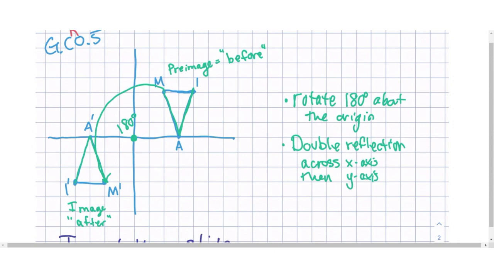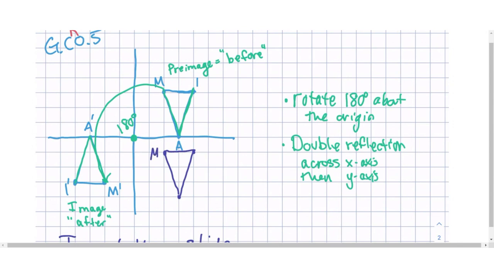Slide, slippery slide. Yep. A translation is a slide. So you're like taking it and just sliding it over. So if we took Maya, the triangle Maya, and we just slid it straight down, so it was like right here, we're going to give it a different name.